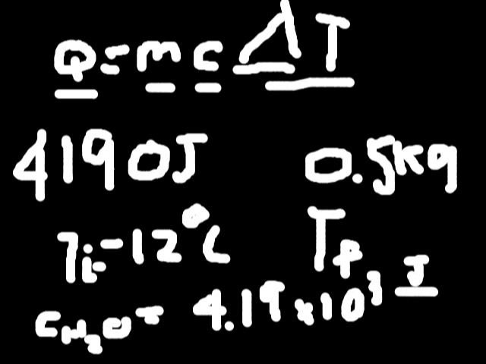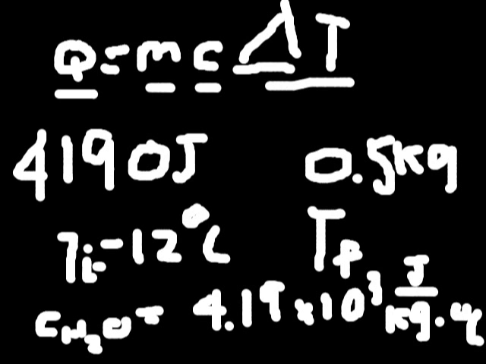You're better off just memorizing the specific heat of water. There's really no way to calculate it. So, the specific heat of water is 4.19 times 10 to the third joules over kilogram times degrees Celsius.